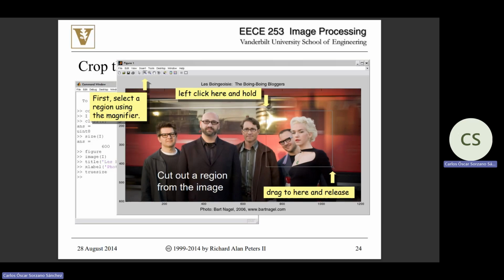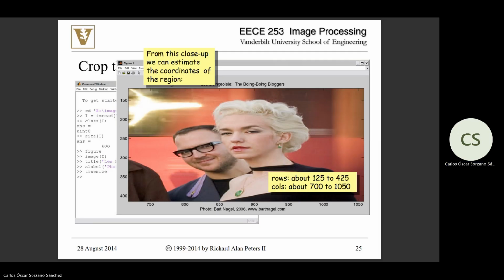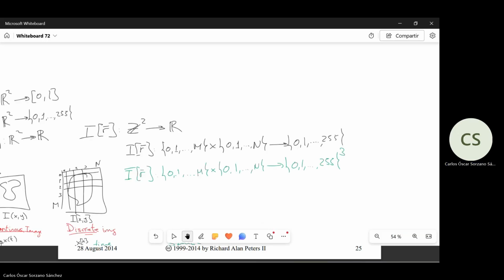What if I take a crop of that image? Now this is not the 0, 0 point. It starts somewhere like 600 something, and then it doesn't go to 1200. So these coordinates go for different ranges.